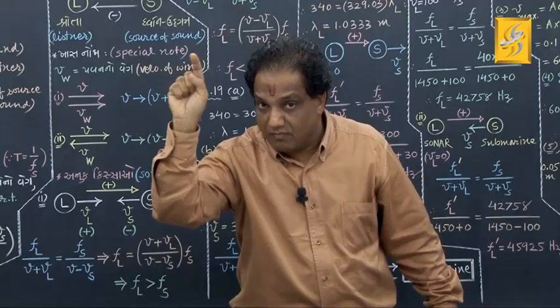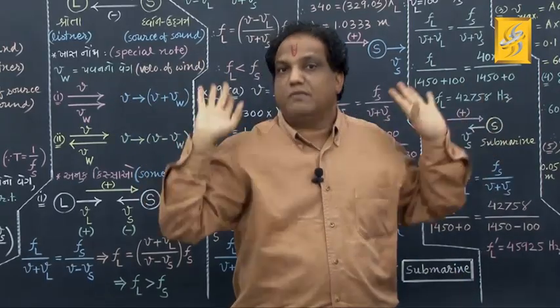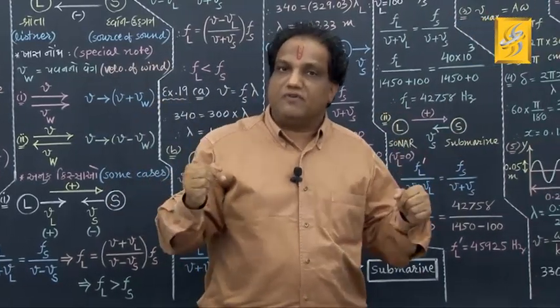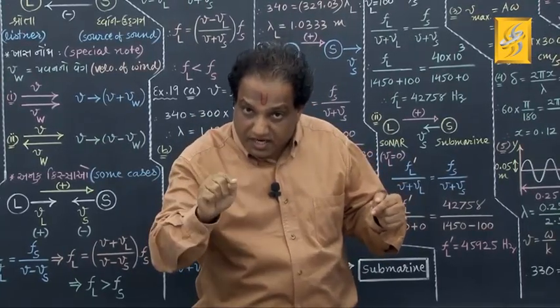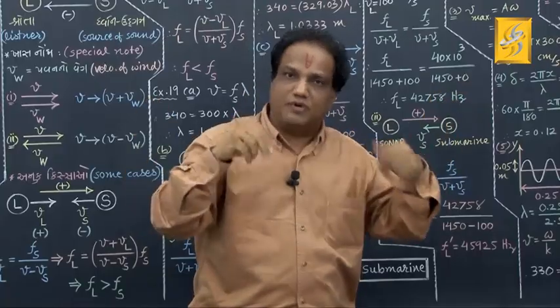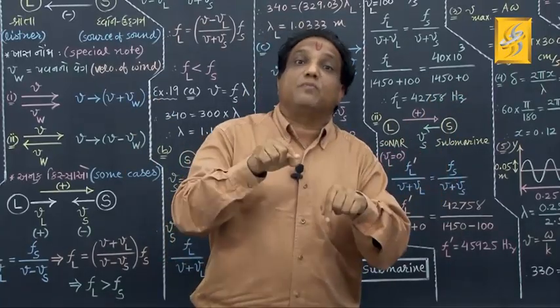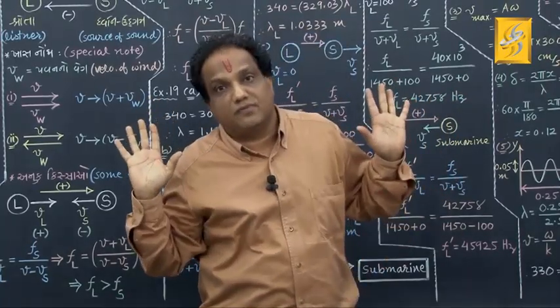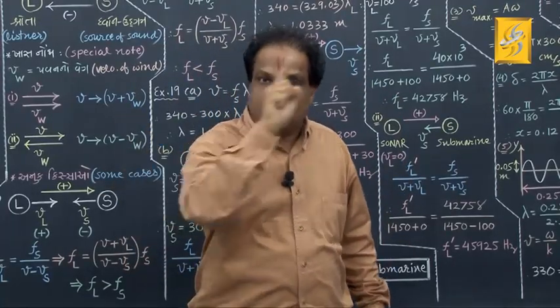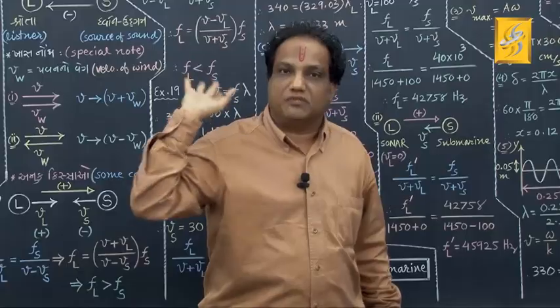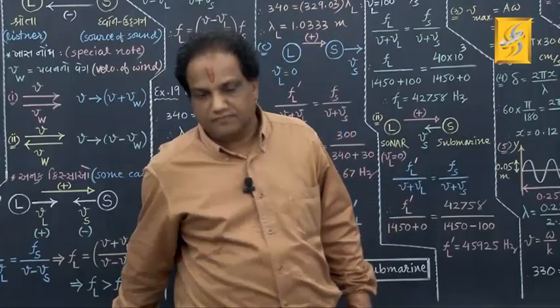Velocity in a direction from listener to source should be taken positive. If the velocity of source or velocity of listener is in a direction from listener to source, it should be taken positive. But if it is opposite, it should be taken negative. That's all. Got it? Fine.